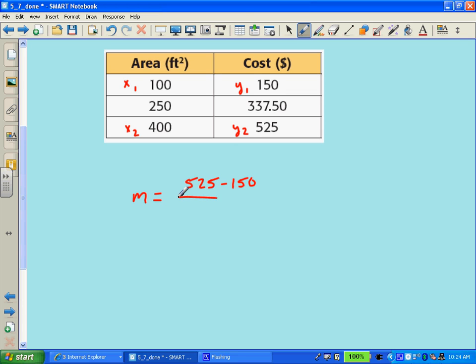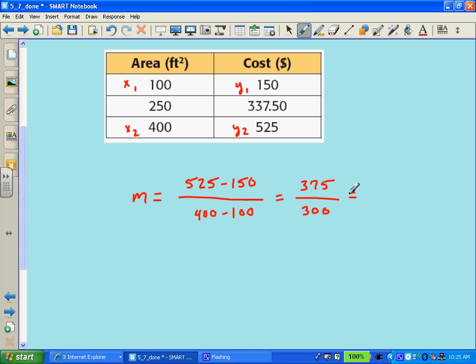So slope is going to be 525 minus 150 over 400 minus 100. Well, 525 minus 150, if I do my math right, is 375. And 400 minus 100 is 300.